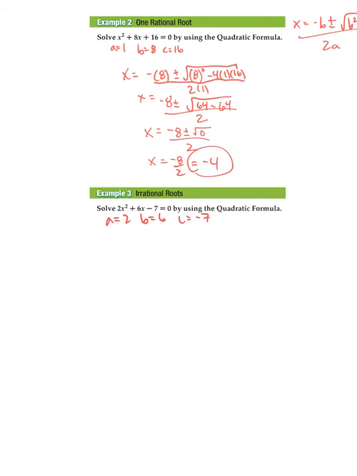So solving, x equals negative b plus or minus square root of b squared minus 4 times a times c, all divided by 2 times a, which again, a is 2 here, so this one's slightly different.